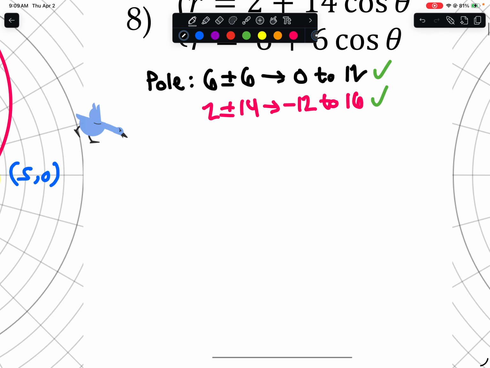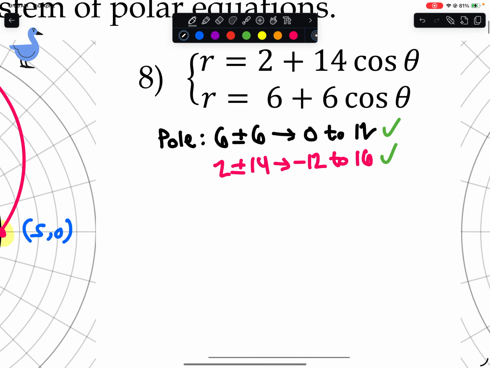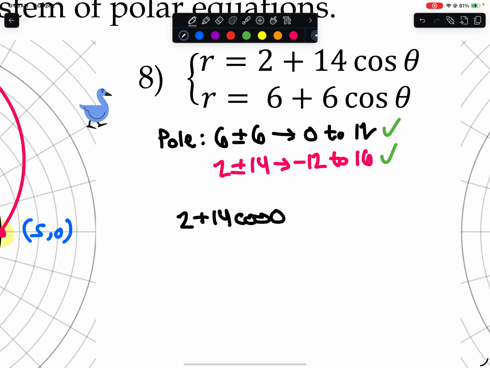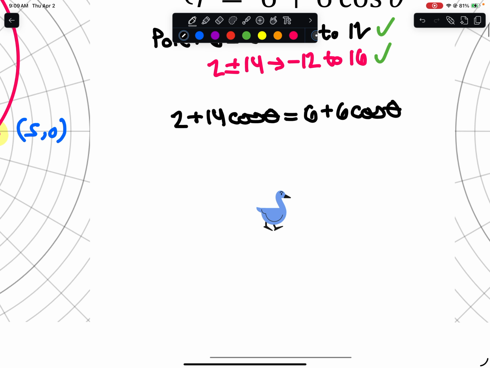So this is going to be 2 plus 14 cosine theta, and that's going to equal 6 plus 6 cosine theta. So when I solve, subtract 6 cosine theta on both sides.